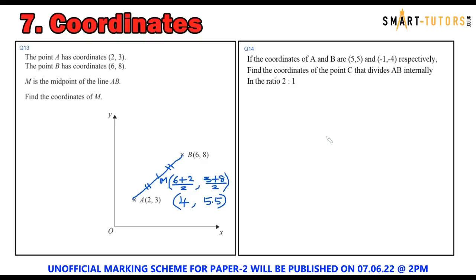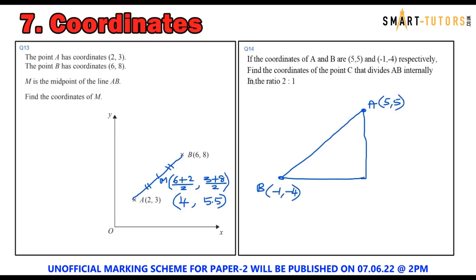Question number 14, you have the coordinates of A and B given. Assume A is somewhere here. I'm just going to draw a right angle. Let's say A is 5, 5, and B is minus 1, minus 4.